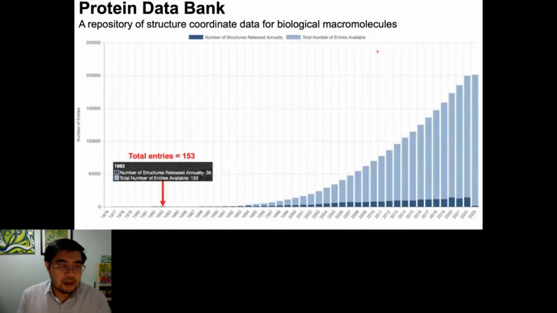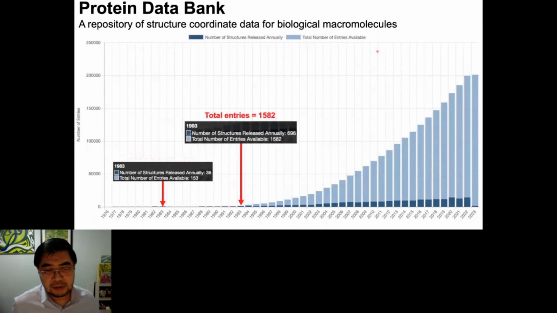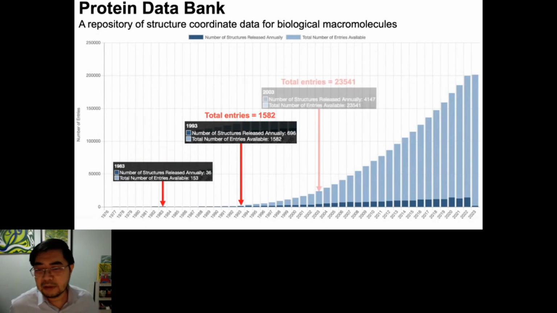Okay. When the PDB started in 1971, for the first 13 years or so, there were less than 200 entries. But as time went by, during the second decade, it reached about 1,500.